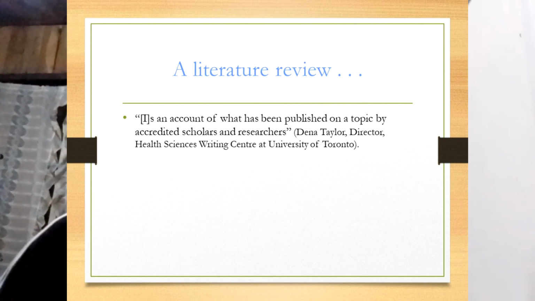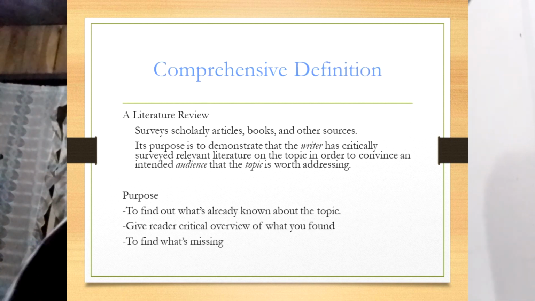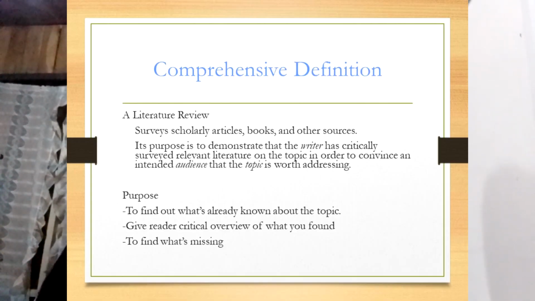When writing our literature review, we are focusing on what we can share with our audience. What are the existing information that we can give them to provide an overview of the research about our topic? So what is the purpose of this literature review? The purpose is to find out what's already known about the topic.